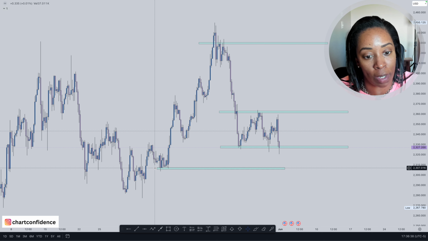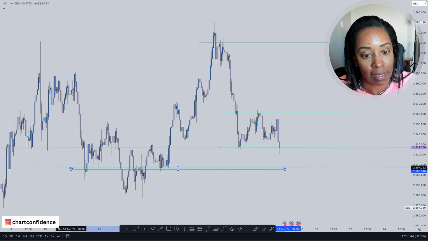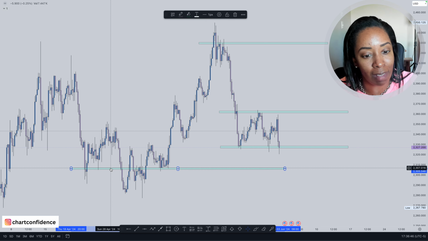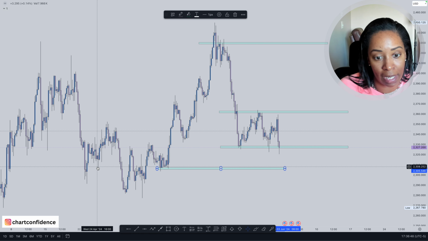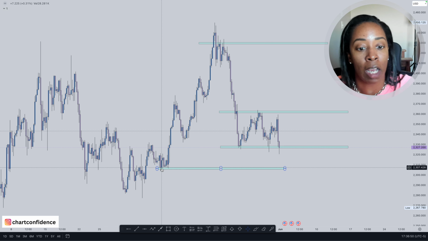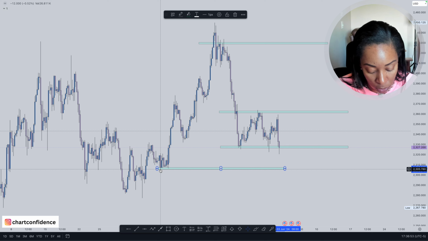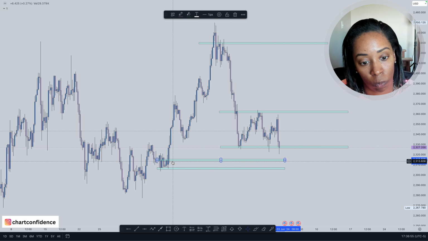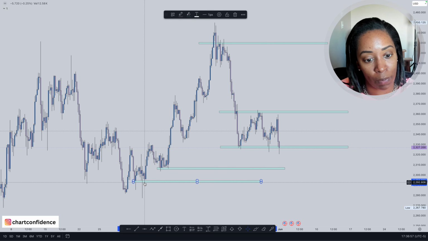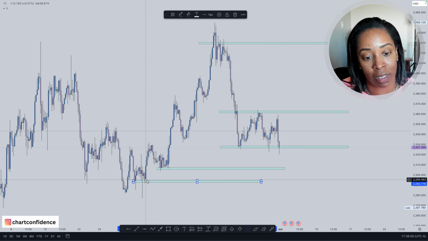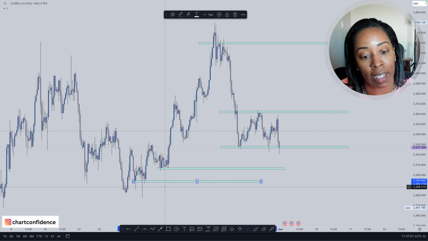Okay, that looks okay, but I'm just going to put that back because I want to keep my charts clean. But here's a level here, and then I also see another level right here. Basically, we have a nice support, we have a bunch of resistances, and then a little support right there.